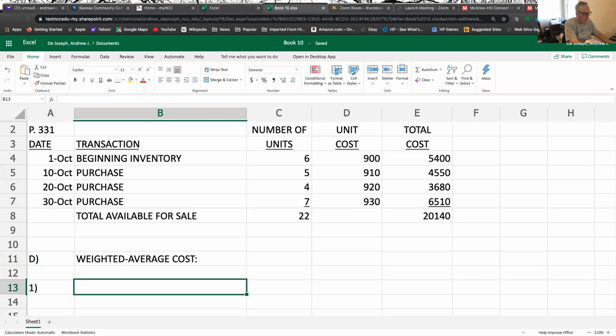The first step, what's the average cost per unit? To do that, you take the total available, 20,140, and divide it by the units available, 22. So that comes out to 20,140 divided by 22.